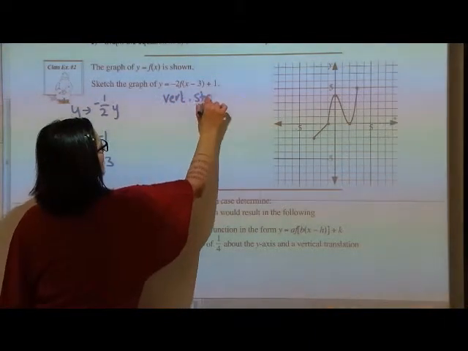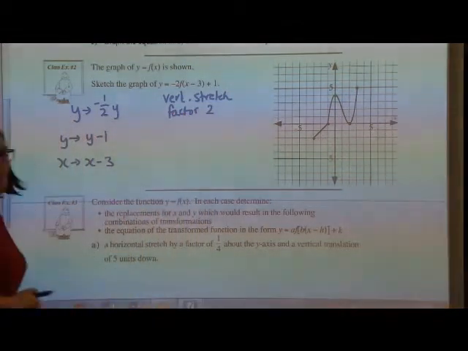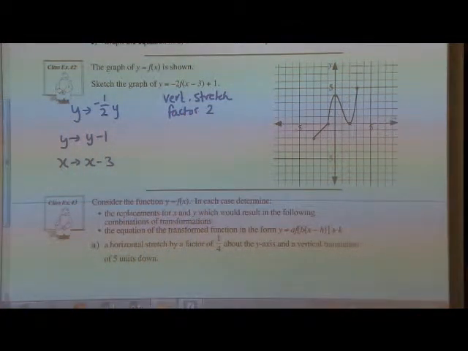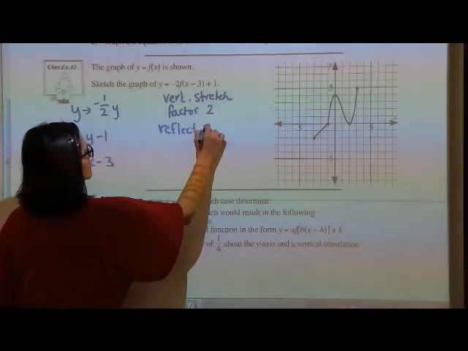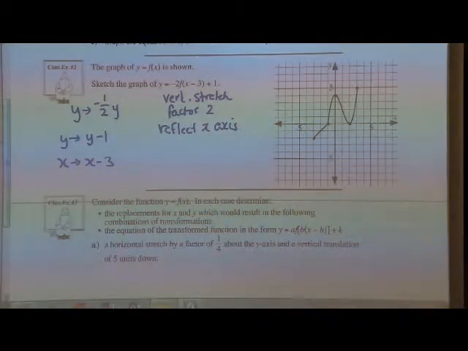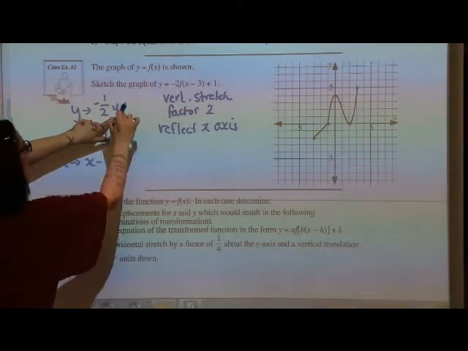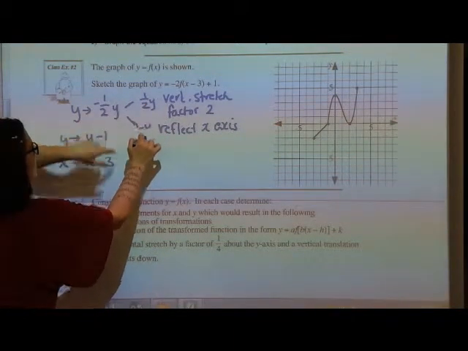Okay, vertical stretch, factor 2. Is that the only thing it's going to do? And reflected. And where is it going to reflect it? And the x-axis. Okay. Because this -1/2 gets split into the 1/2 y and the -y.